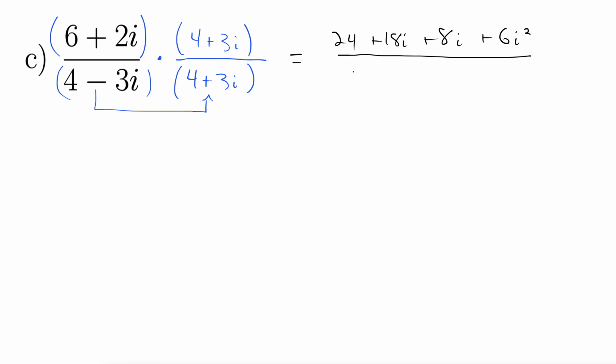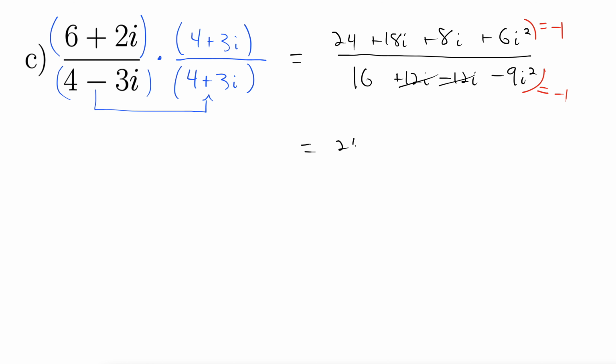Down below we have 16, that's the first, outside plus 12i, inside minus 12i, and look what happens, they cancel. That will always happen if you're doing this correctly. And then last is minus 9i squared. Well, don't relax just yet. Remember, i squared is -1.